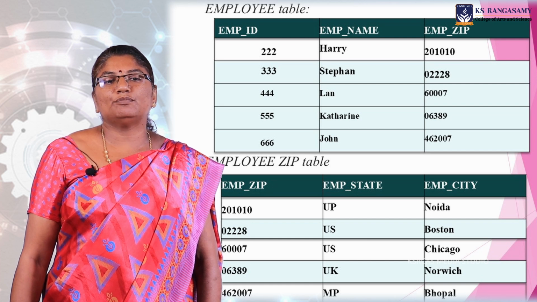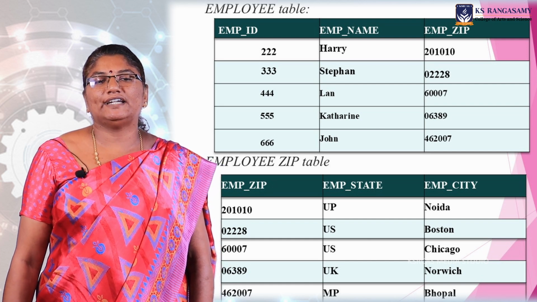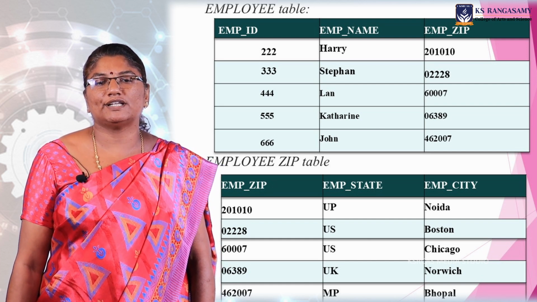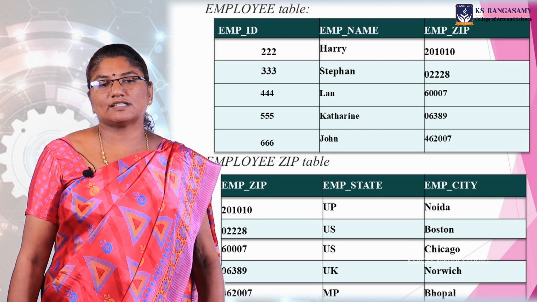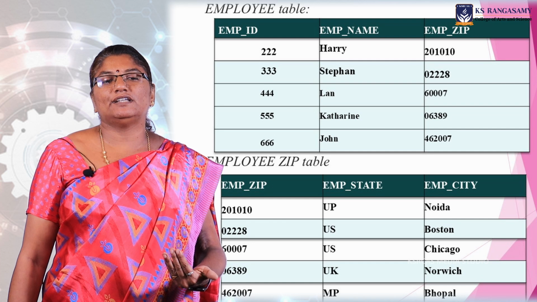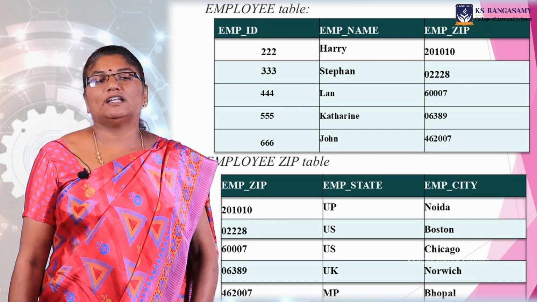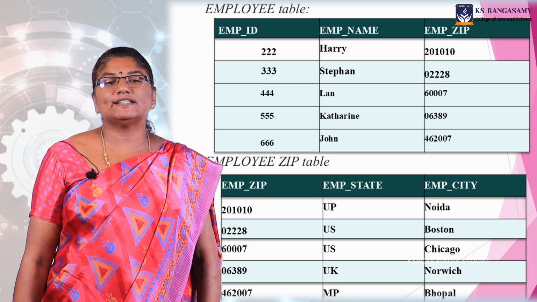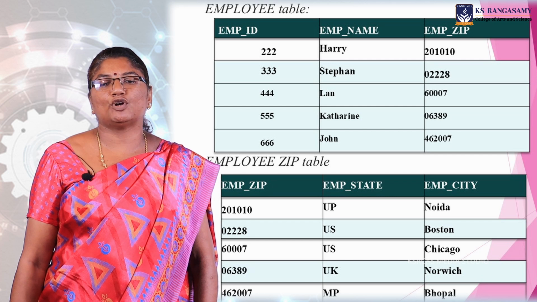In the employee table you have employee ID, employee name and employee zip, and the employee zip table has employee zip, employee state and employee city.